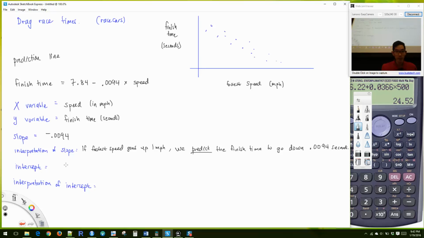And the intercept is what? 7.84, and what does this mean? In this case, our interpretation will not make sense, because it does not make sense to have a speed of 0 miles per hour. A speed of 0 miles per hour means your car is not moving.